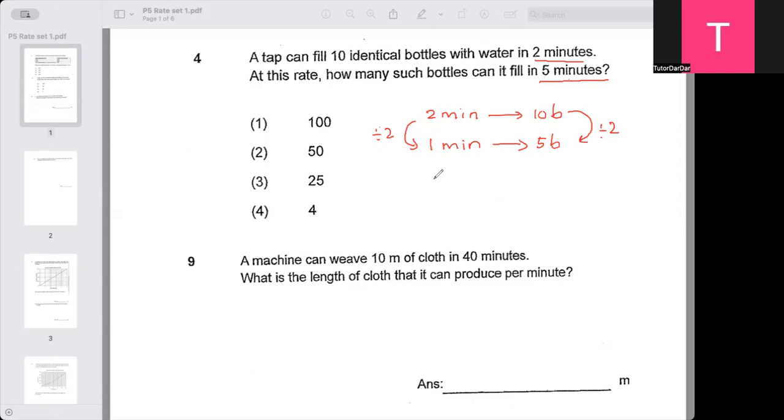They want 5 minutes. 1 minute becomes 5 minutes because 1 times 5. Same thing, if this side is multiplied by 5, this side also has to be multiplied by 5. So 5 bottles multiplied by 5, you will get 25 bottles. So the answer is 3.